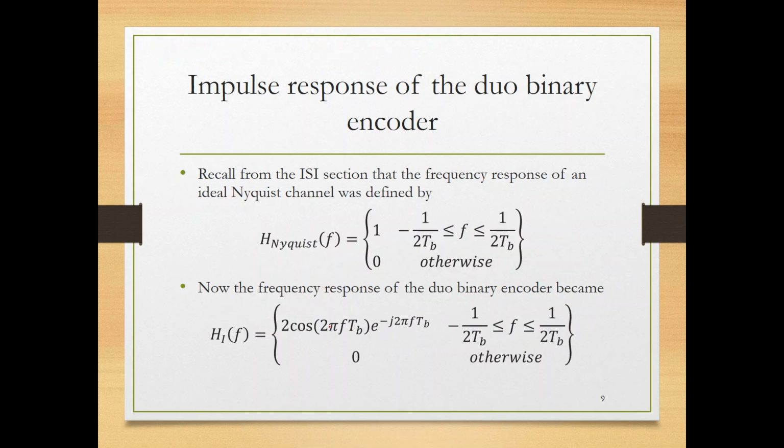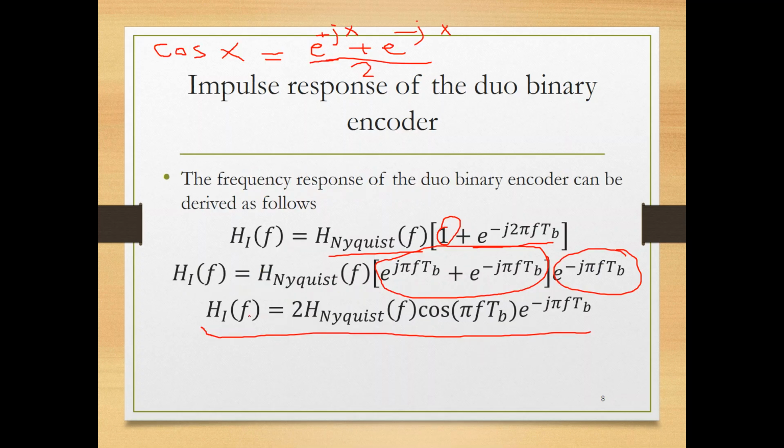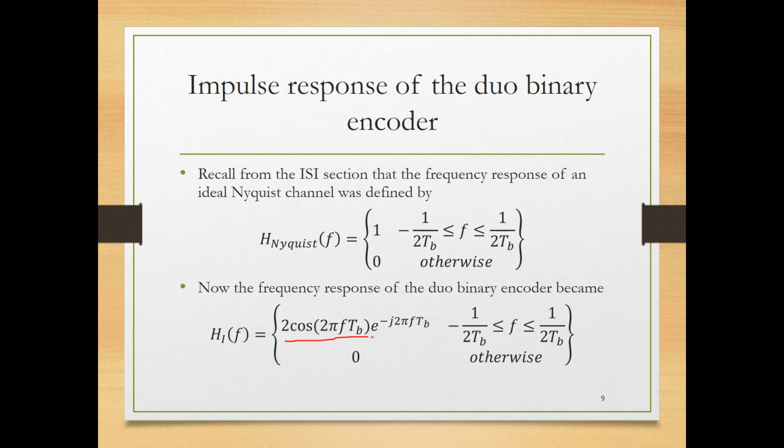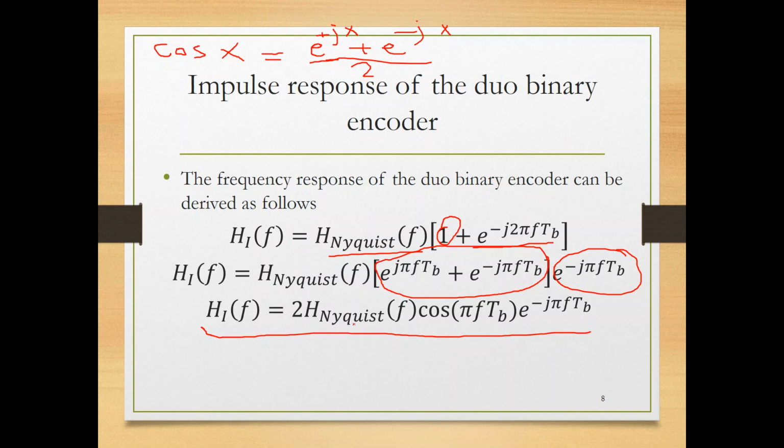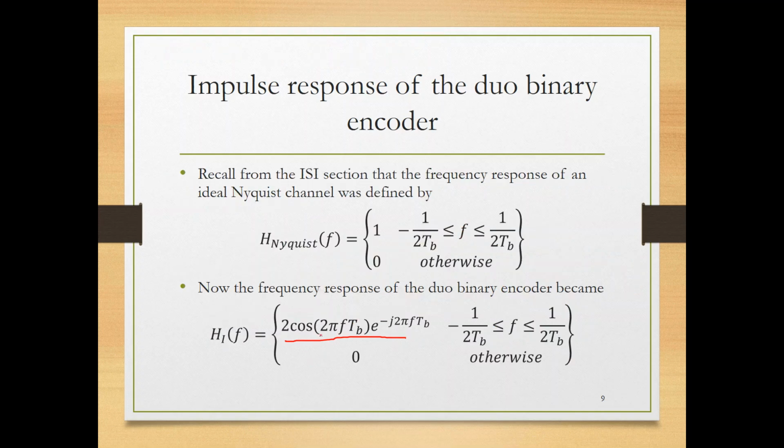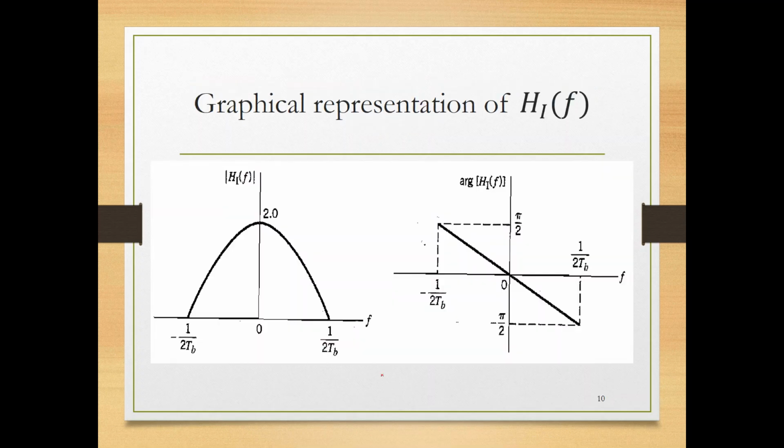Now suppose H Nyquist is rect, which is given by this equation. It's 1 when frequency is bounded between minus 1 over 2Tb and 1 over 2Tb and 0 otherwise. Then the previous frequency response can be simplified as follows. Substitute H Nyquist, just put 1, then you have 2 cosine πf Tb multiplied by e to minus jπf Tb, bounded within this band, and 0 otherwise outside of this band.